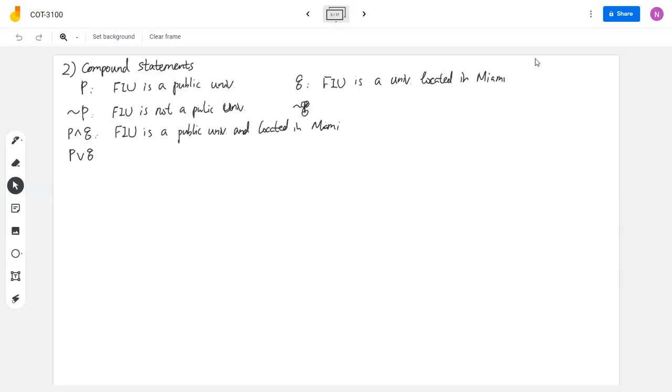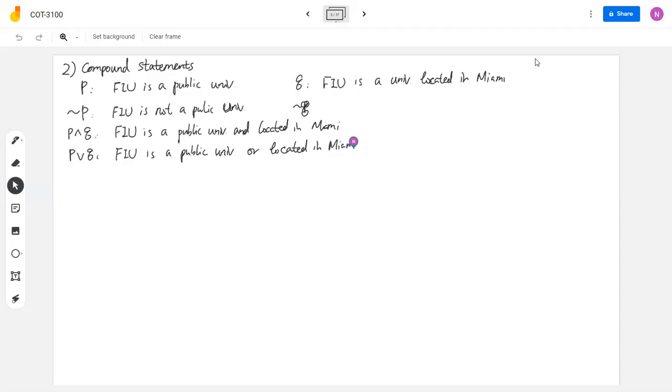And what about P or Q? The statement is FIU is a public university or located in Miami.